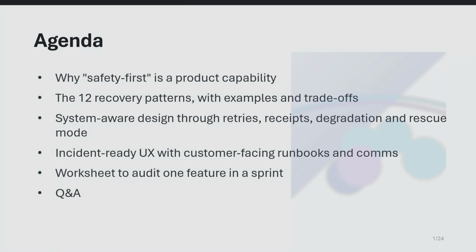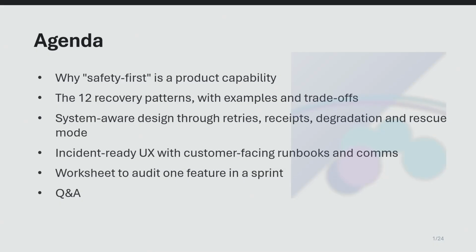So today we're going to go through the agenda. Firstly, we're going to talk about why safety first is a product capability. After that, we go into the 12 recovery patterns, with examples and the trade-offs you would get. Then we look at more system-aware design through retries, receipts, degradation, and rescue mode.